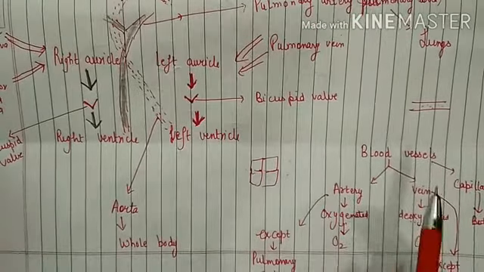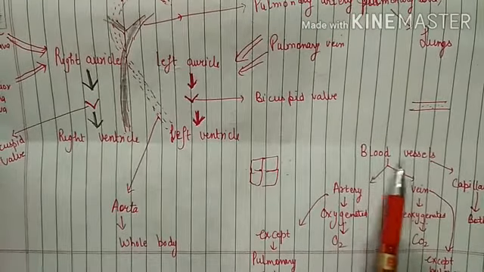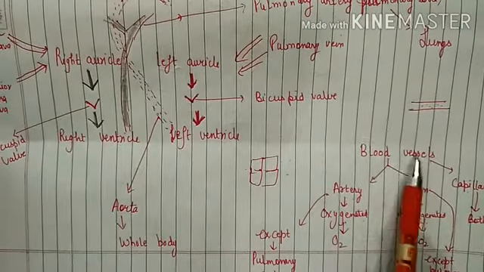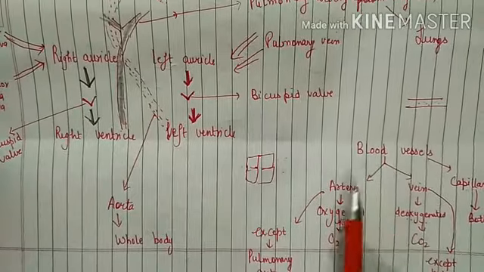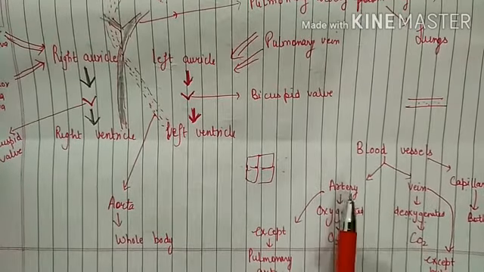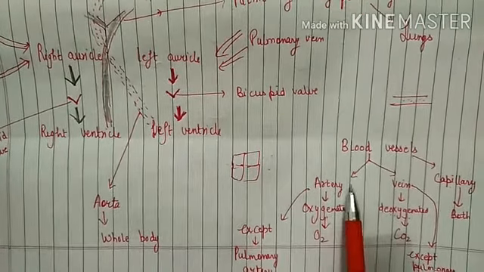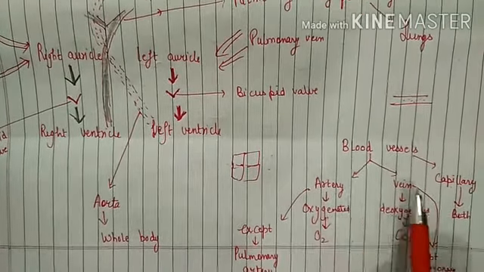So the blood flows in blood vessels. Number one point is, blood flows in blood vessels. Then there are three types of blood vessels. Number one is artery, then vein, then capillary. Arteries carry oxygenated blood.